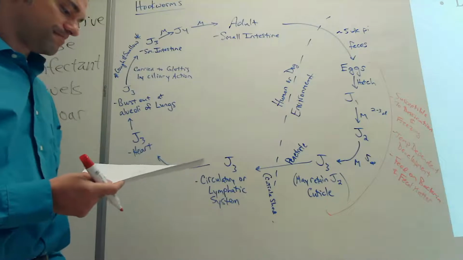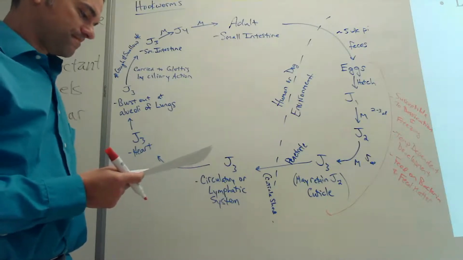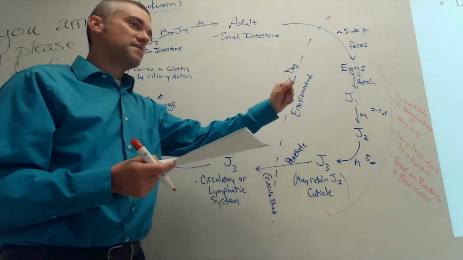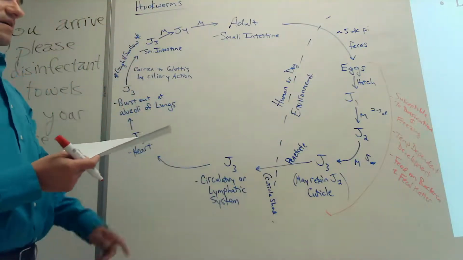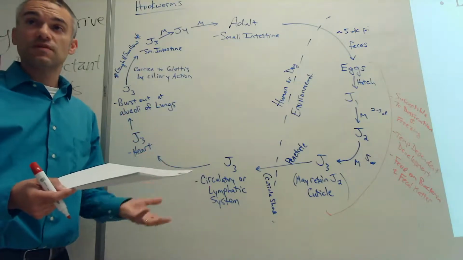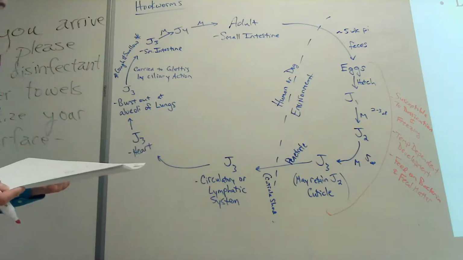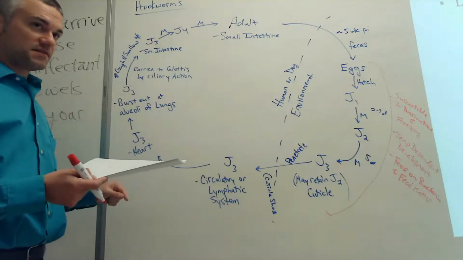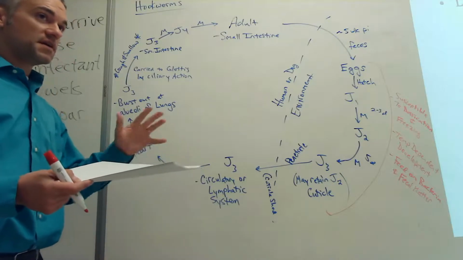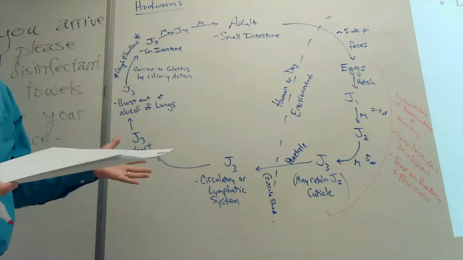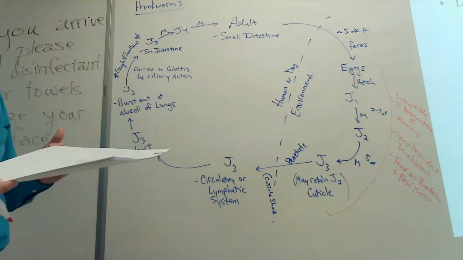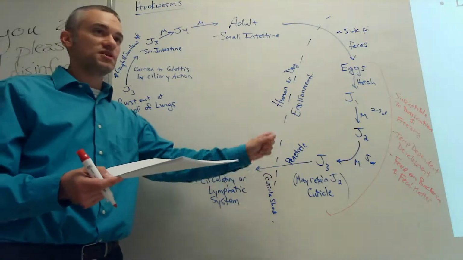All right. Now, how do the J3s know when to start penetrating? These things sense warmth, so a rapid increase in temperature, and fatty acids. So the warmth gets them moving, gets them thrashing about, and then once they contact the skin, they sense the fatty acids, and they start initiating the penetration behavior.